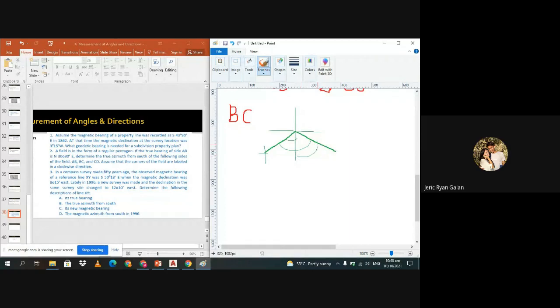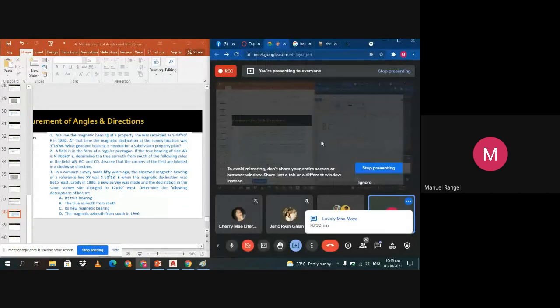Ay, kasamok. Dito mo sa gawas. Isa. Isa. Sige, sige. Ma, dito lang ito mo sa gawas.